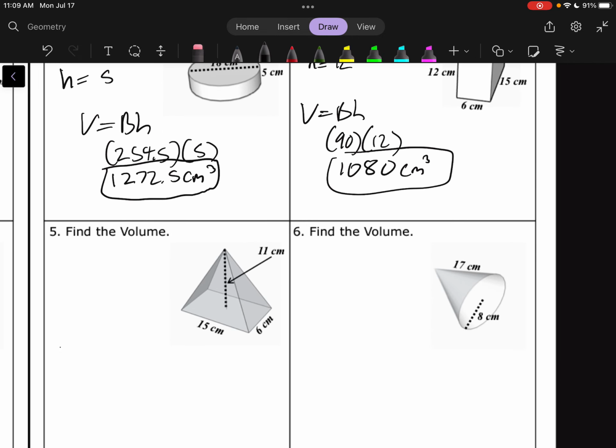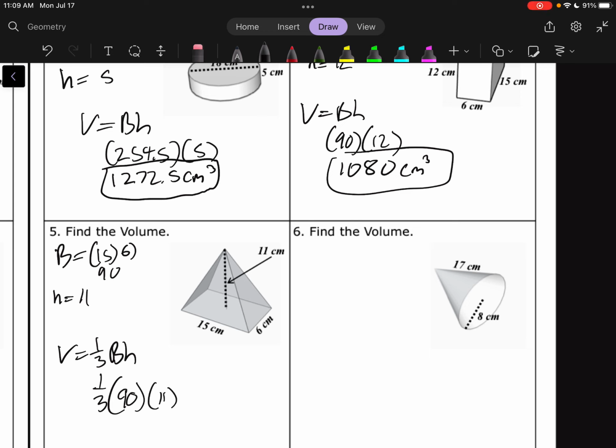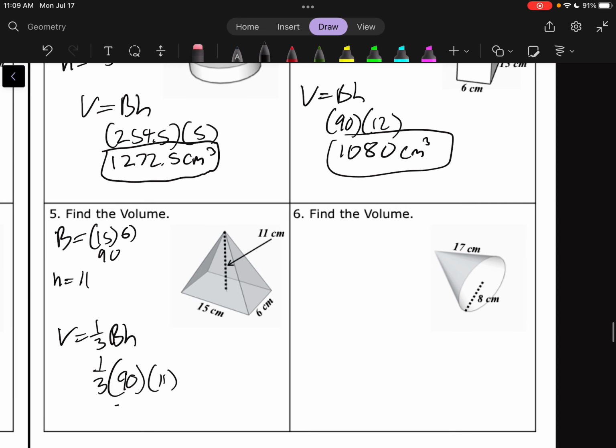Got another pyramid over here. 1/3 big BH, or big B, I'm going to do 15 times 6, which was 90. Our height's 11. 1/3 times 90 times 11 gives me 330.